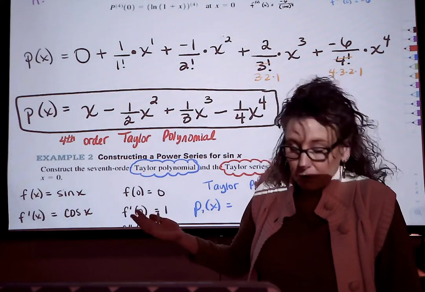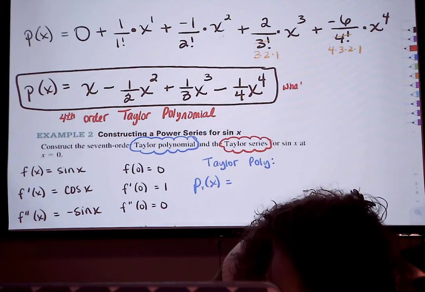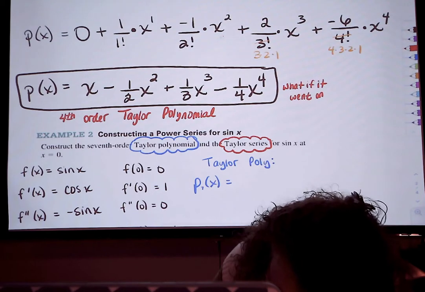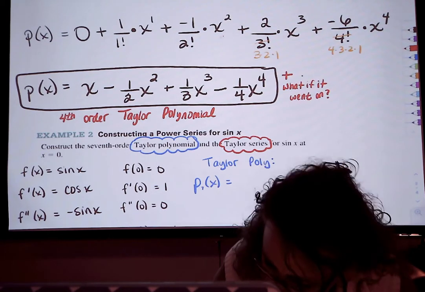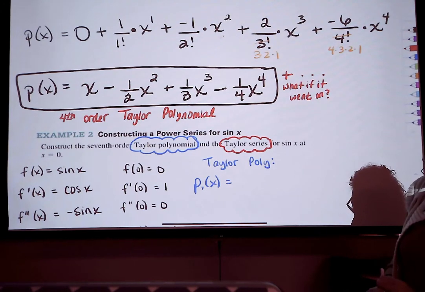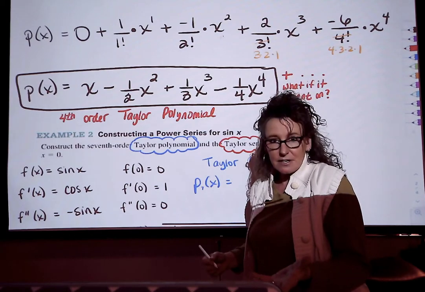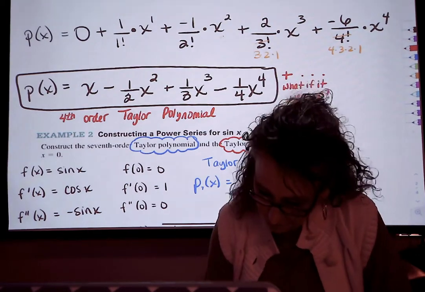It said construct a polynomial. We did. It's a Taylor polynomial. What if it went on? So what if it went plus dot, dot, dot? Can you construct the series in summation notation?